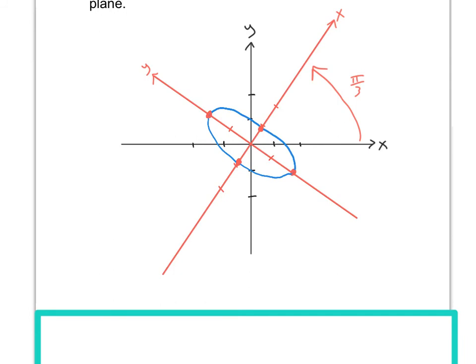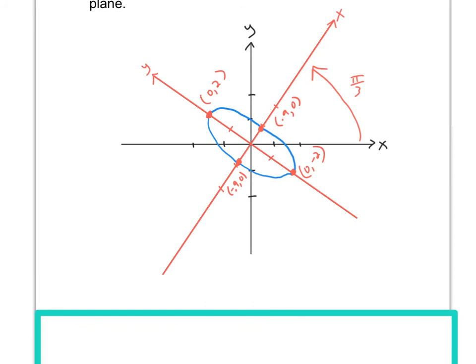In my red universe, this point right here is the point 0.9, comma 0, and this one is negative 0.9, comma 0. This one up here is 0, comma 2, and this one is 0, comma negative 2 in the red universe, in my rotated system.